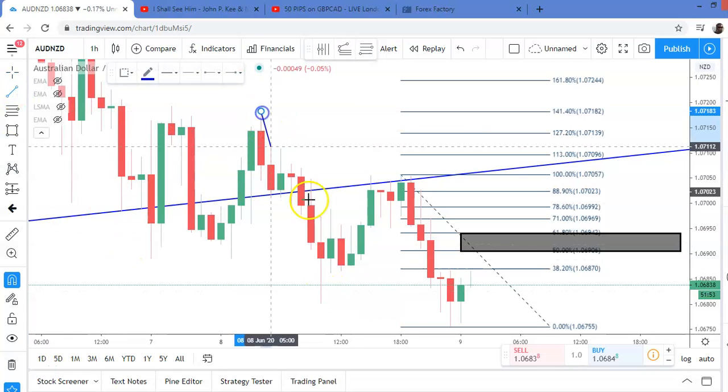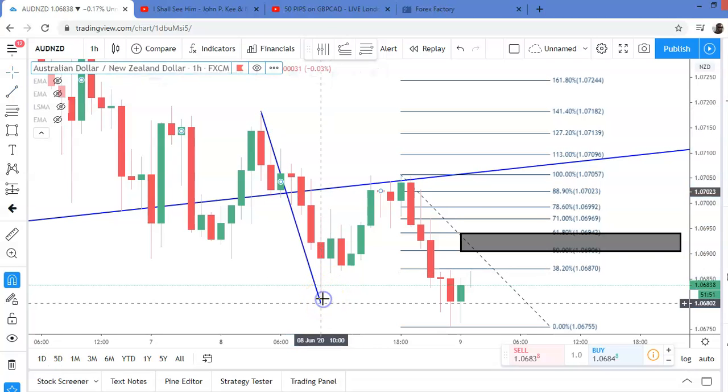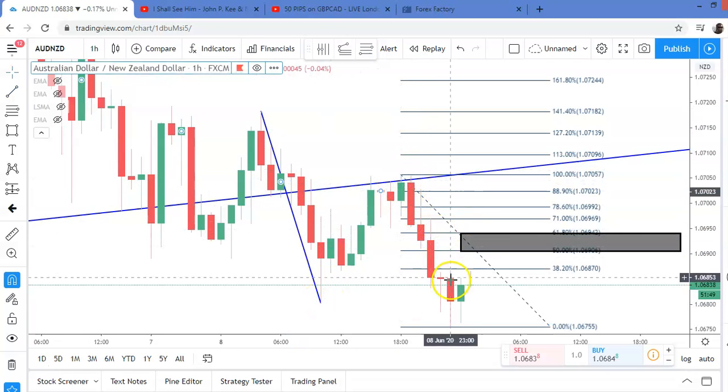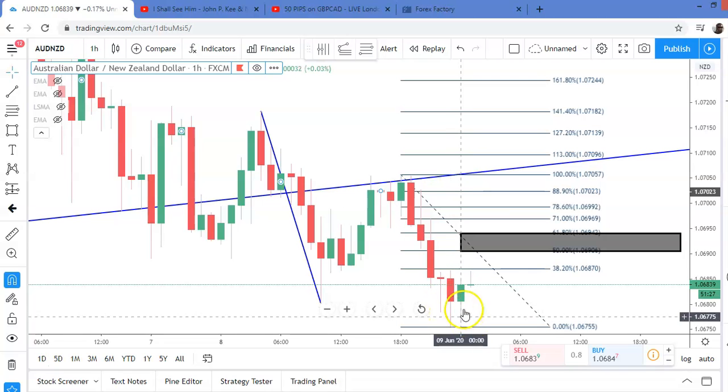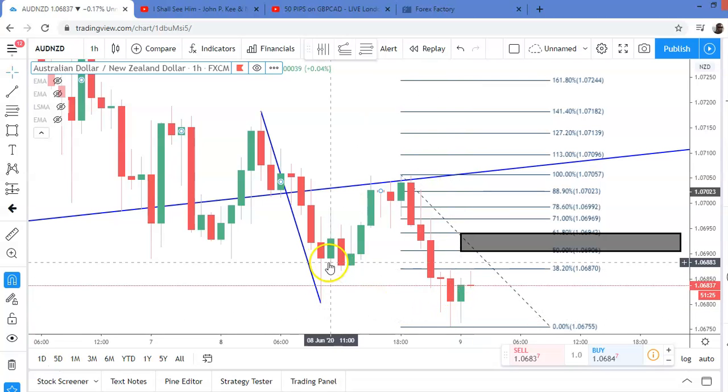So I always measure from the wicks, because you never want to say, oh, it's going to turn and buy the reversal while it's coming down. Traders refer to that as trying to catch falling knives. It's never a good thing to do. You want to wait for candle confirmation to do that.